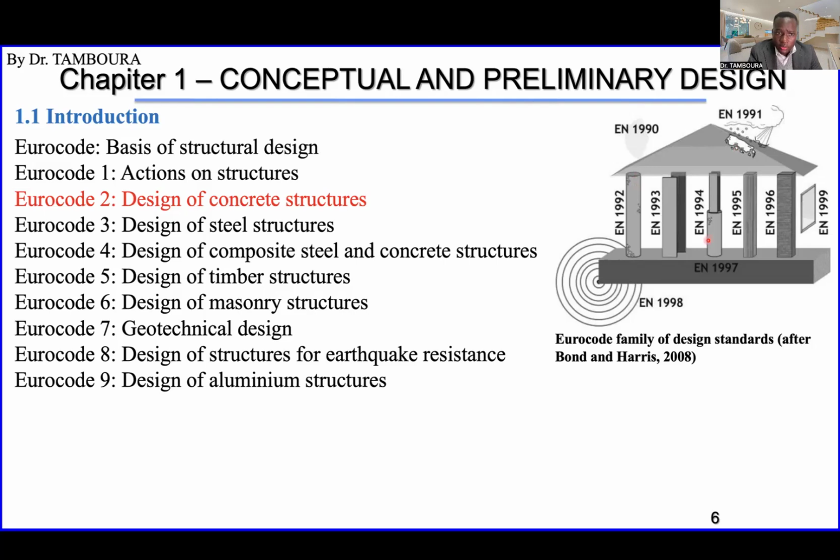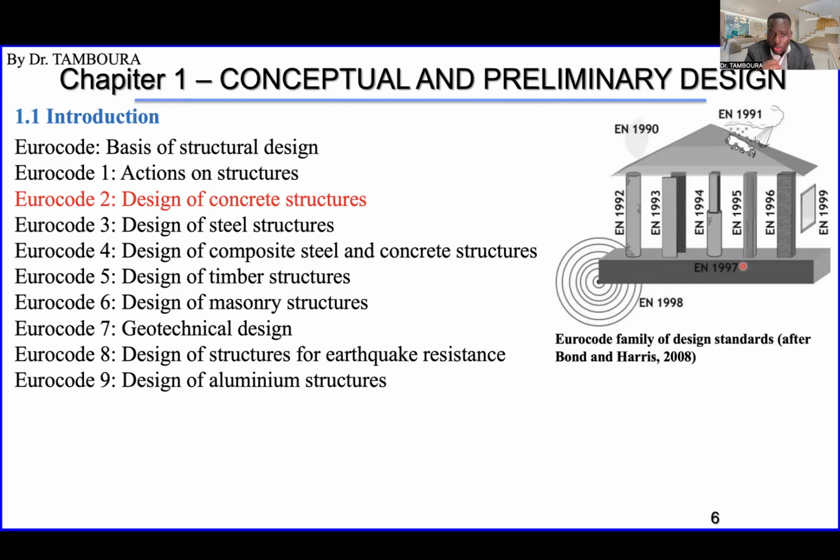And Eurocode 5 is design of wood, timber structure. Eurocode 6 is design of masonry structure. And Eurocode 7 is geotechnical design. We have been discussing it, you have been doing it.